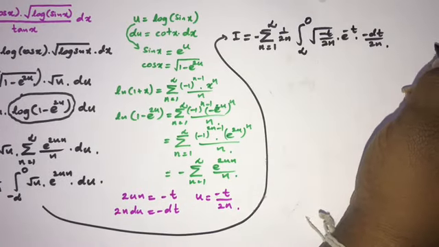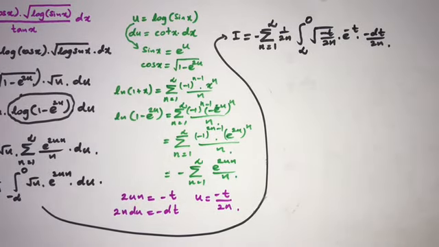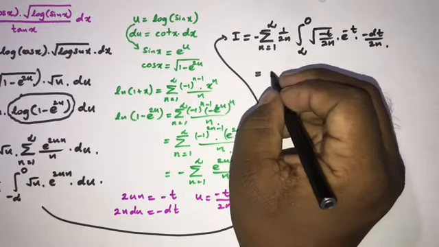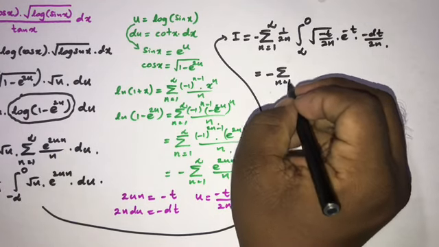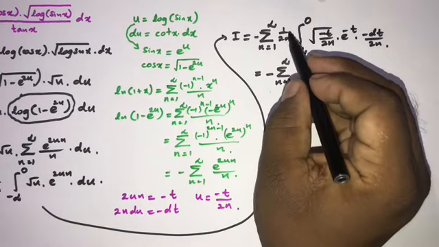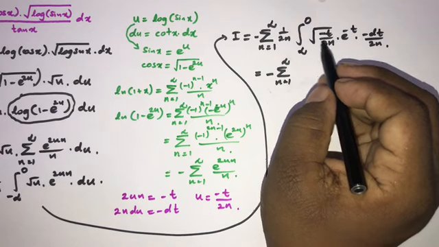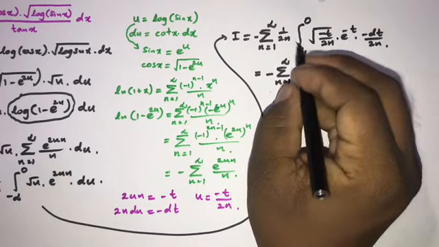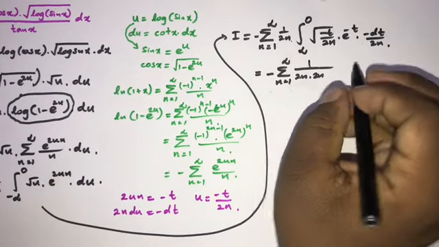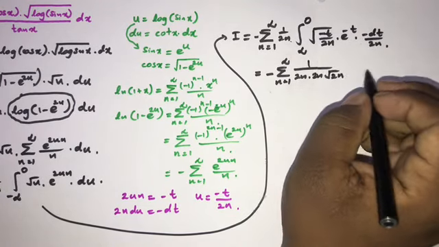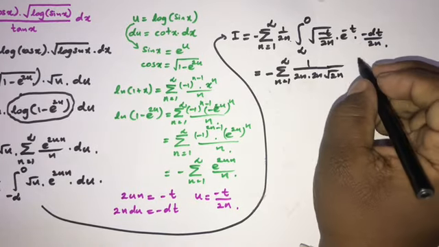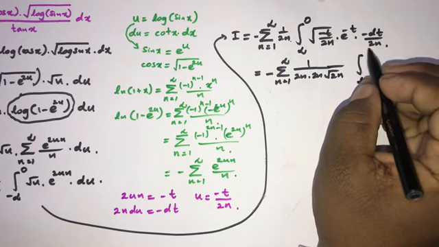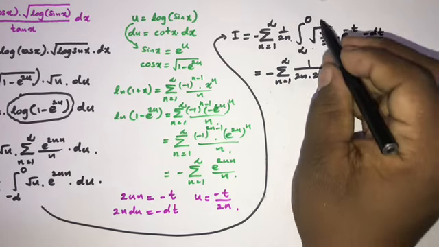Okay, then we can simplify, so now we have minus the infinite sum from 1 to infinity of 1 over 2n, also square root of 2n, and another 1 over 2n. Then the limits from infinity to 0, we can change the lower limit and upper limit.